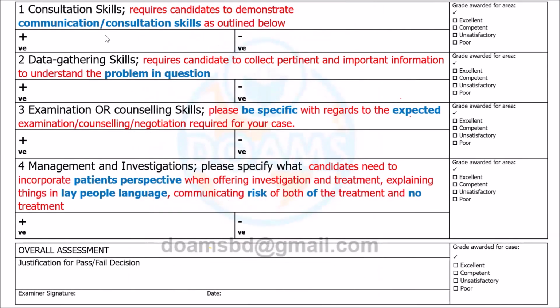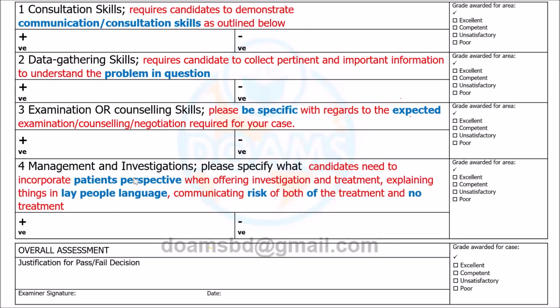Just to highlight some words from the mark sheets, the things are very specified. In data gathering, we have to focus on the problem in question. In examination, be specific, and plan your examination: what will be the expected findings from your patient, from your case?